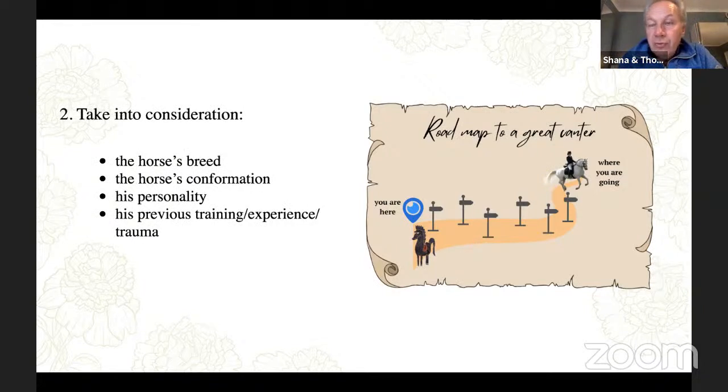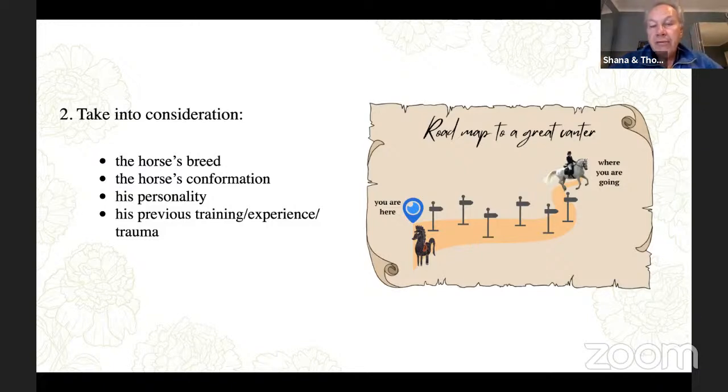And in addition to the general theory, you have to take into consideration what your horse's breed is, because different breeds have different body types and peculiarities, right? And you have to look at the horse's conformation, his personality, and also take into consideration previous training experiences or trauma, maybe.